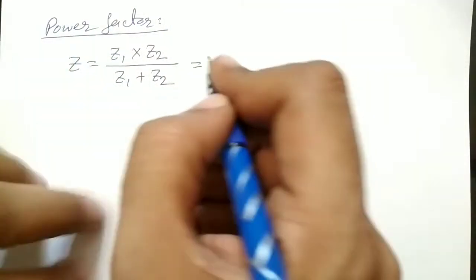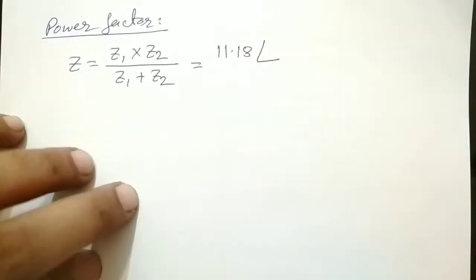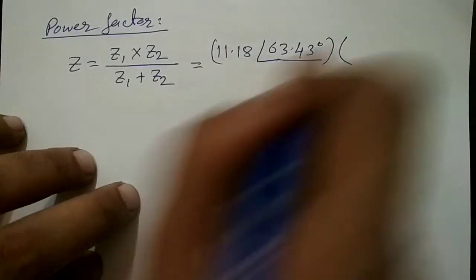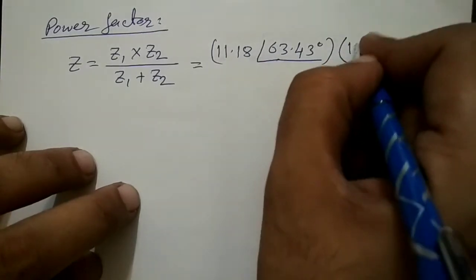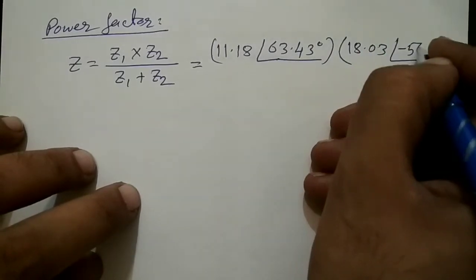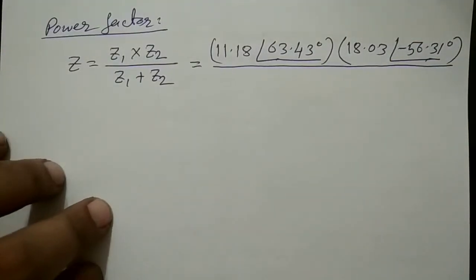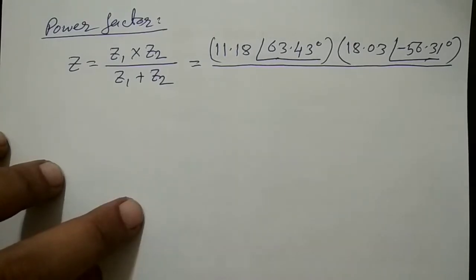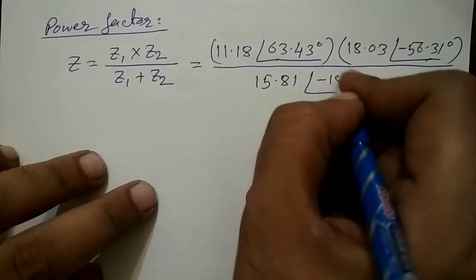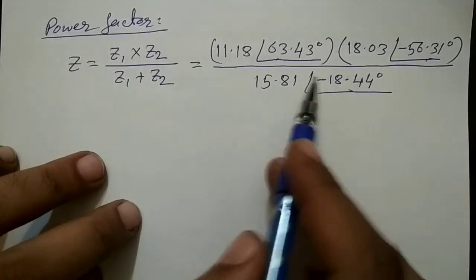The value of Z1 is 11.18 ∠63.43 degrees and Z2 is 18.03 ∠−56.31, upon Z1 plus Z2, which in polar format is 15.81 ∠−18.44 degrees. We have already calculated that in the previous part.